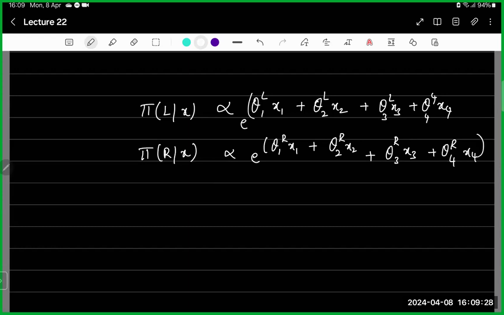So what will be the probability if I model the function like this? It will be the ratio, like this is like the log likelihood. If I want this, what will that be equal to?